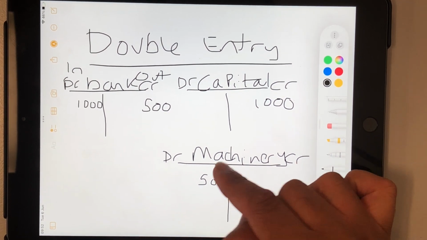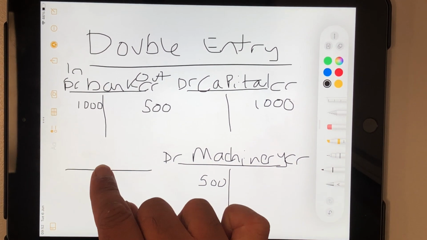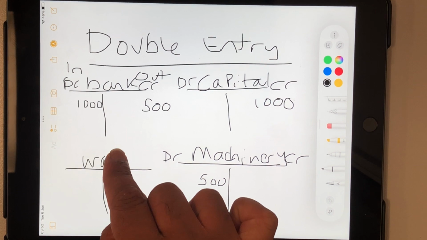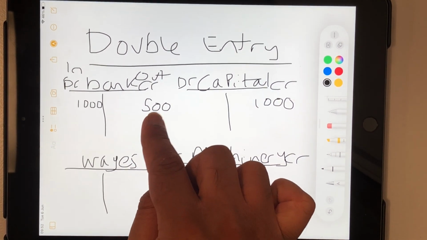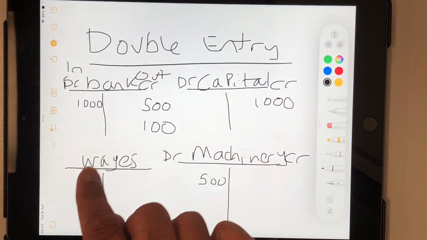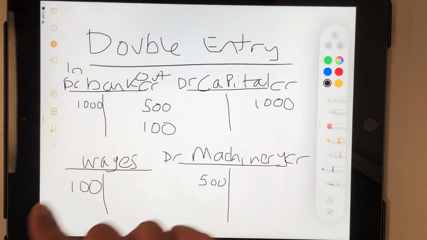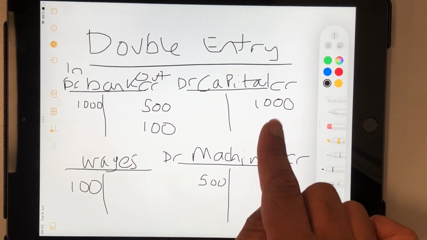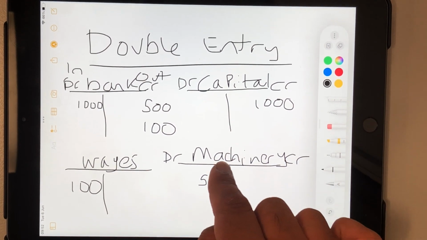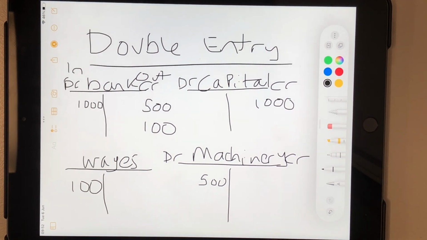You spent some on machinery. You might have even spent some on wages. So we're going to have a wages T account. And we're going to spend £100 on wages, and money is going to go out of the bank and come into the wages account. So these T accounts allow you to see the initial capital you put in, and where it has been allocated to.